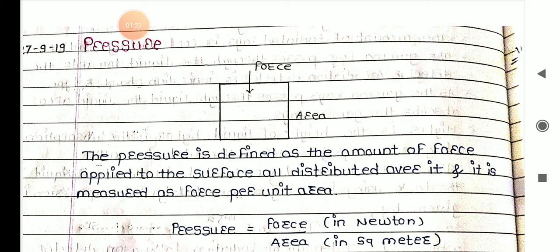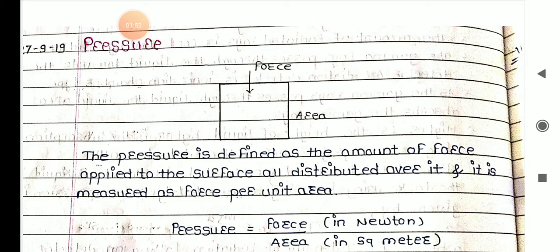First of all, we will see the definition of pressure. As you know, pressure is defined as the amount of force applied to the surface, distributed over it, and it is measured as force per unit area.